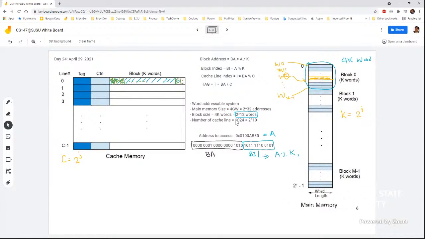Wait a minute, 32 minus 10 is 22. So 10 bits, which would be like 448. I think this part.